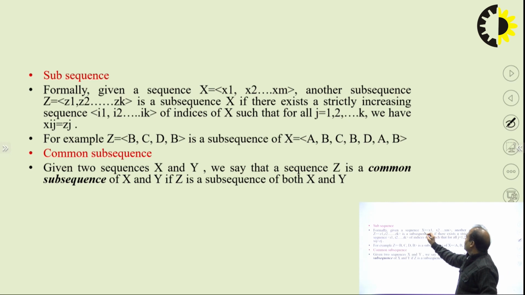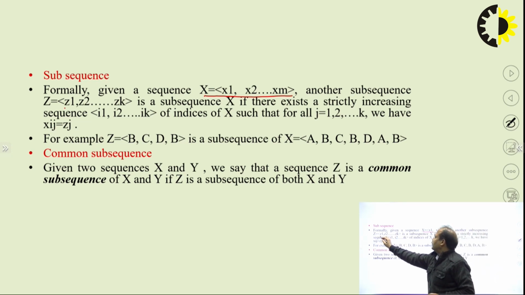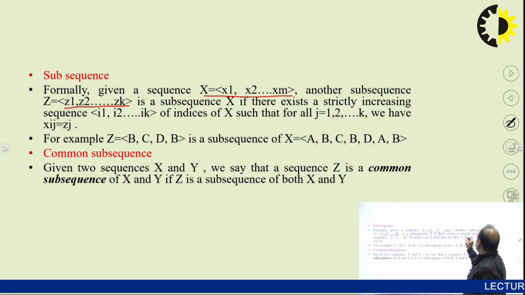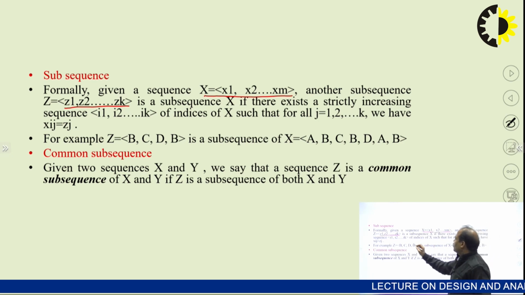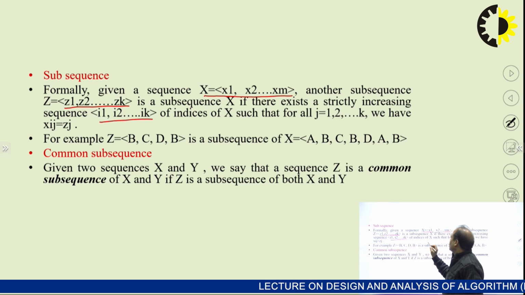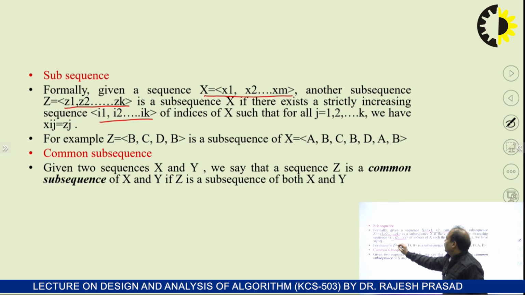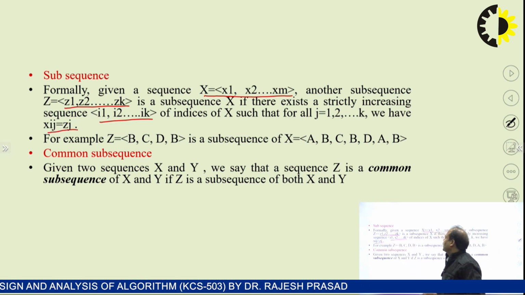Suppose we have a sequence x, which is x1 to xm, and another sequence, let's say z, z1 to zk. And we say that z is a subsequence of x if there exists a strictly increasing sequence of indices such that for all j we have x_ij equal to zj.